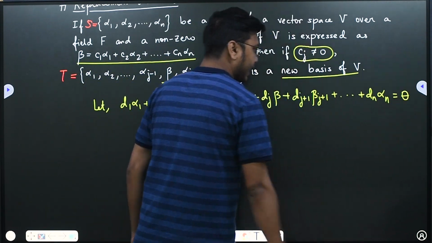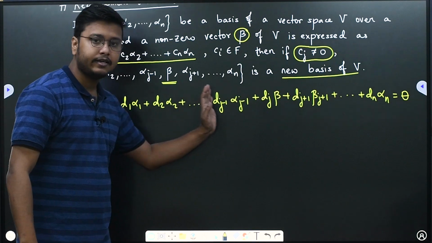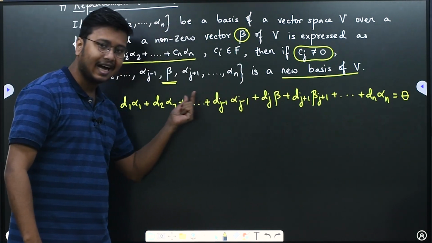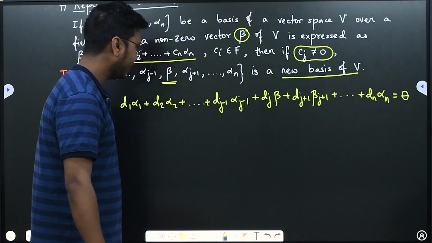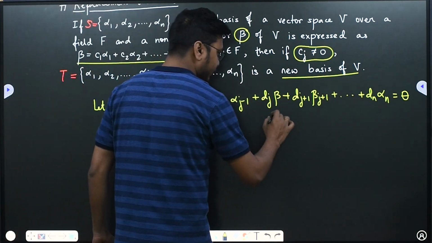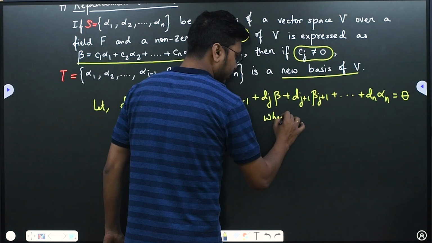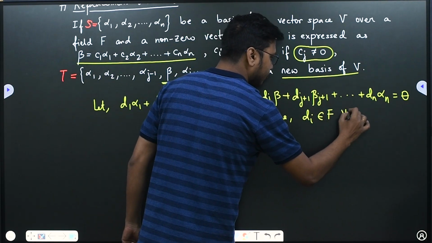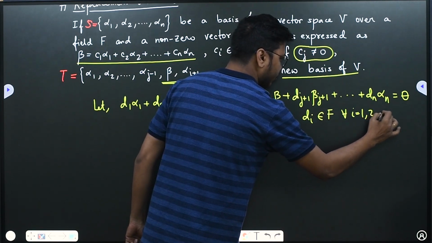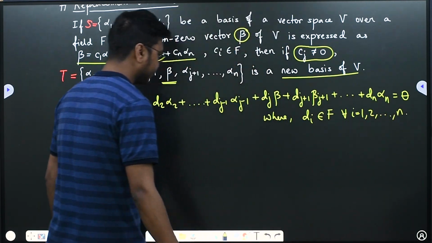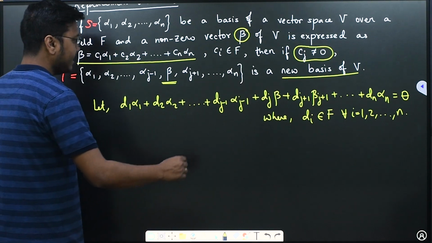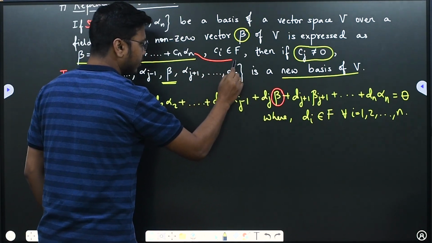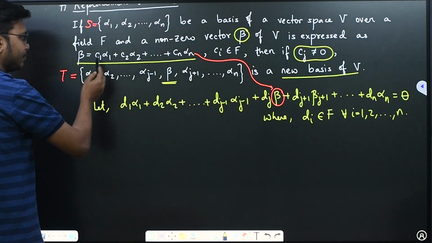If I want to show that it is linearly independent, I need to show that all the Di's are 0, where the Di's are taken from the field, for all i from 1 to n. Now in place of this beta, I can substitute the given expression.